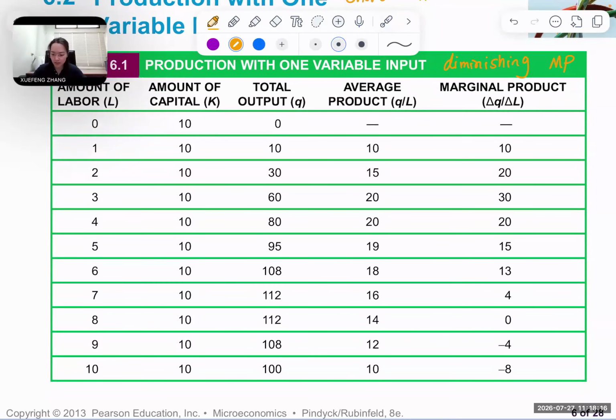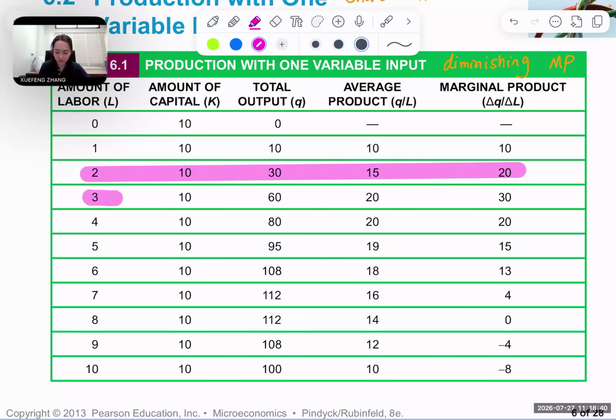So here, I want you to focus on several points. Let's see at the point when labor is 2. Okay, so total output is 30, average is 15, and marginal product is 20.